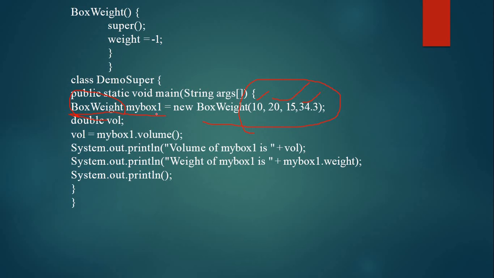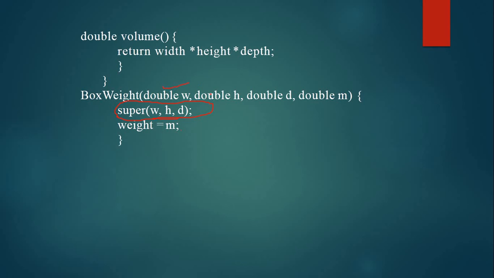So my BoxWeight will have four variables. This four-variable constructor will be called, and w, h and d will be passed by the super constructor.